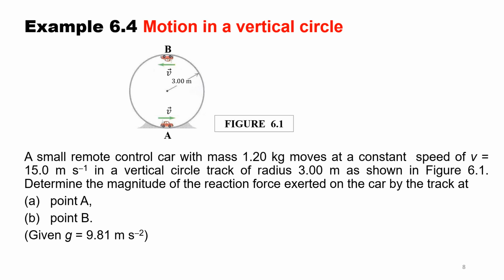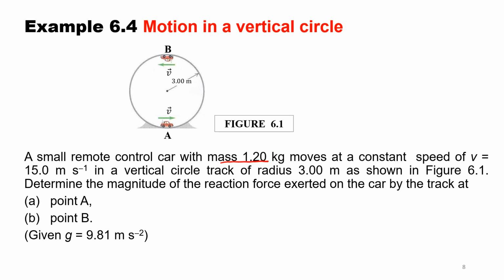The question asks to determine the magnitude of the reaction force exerted on the car by the track at point A and point B. Given the value of acceleration due to gravity, g is equal to 9.81 meter per second square.